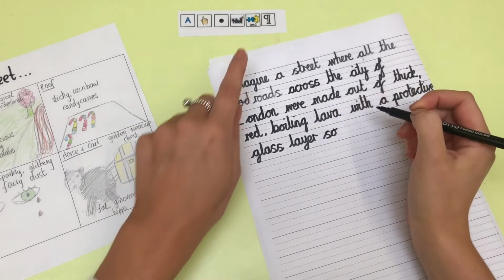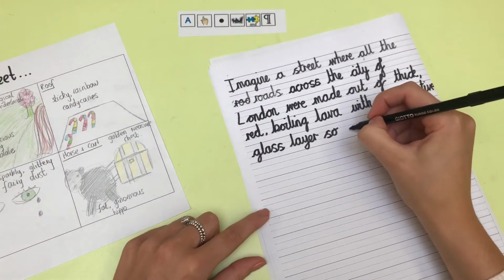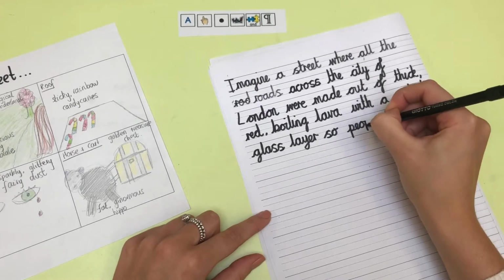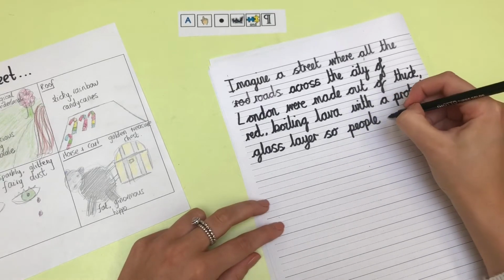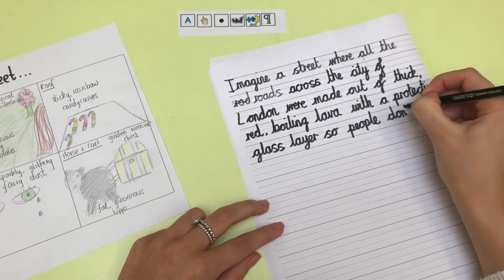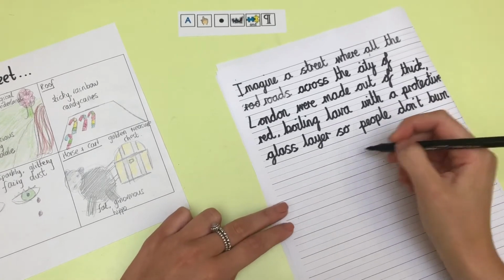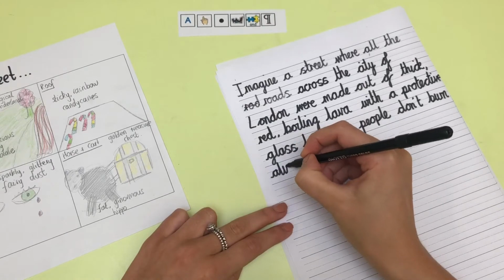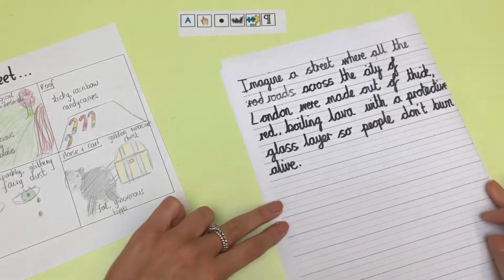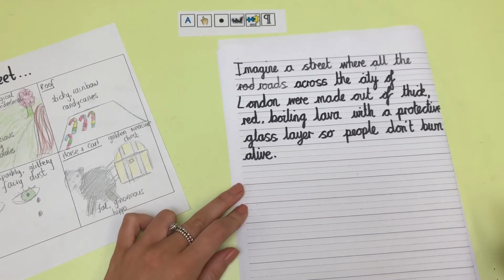So I've got my conjunction, so people don't burn alive. Full stop. Now I know to check my sentence.